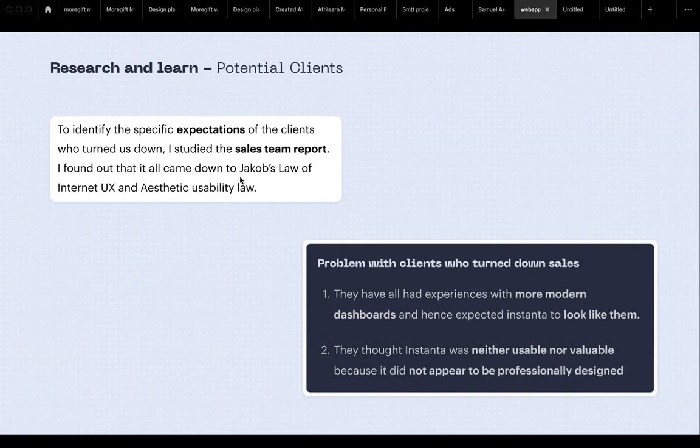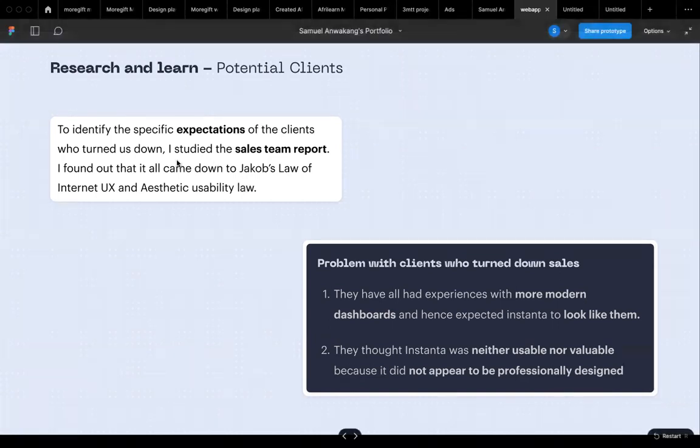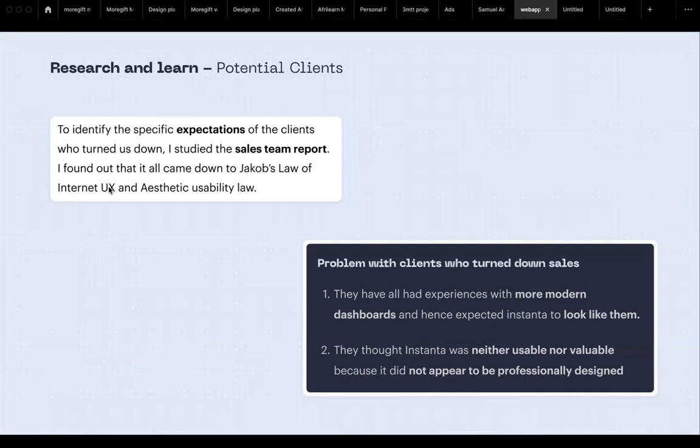Now these two laws, if you have studied them: how many people read what I shared with you? I shared with you guys UX principles, right? So you must have come across Jacob's law of internet UX, right? And the aesthetic.